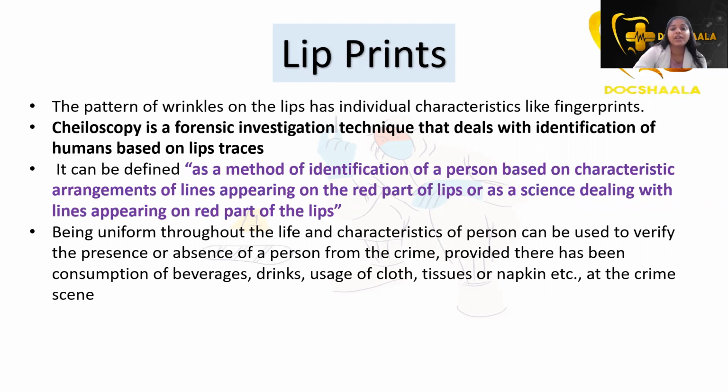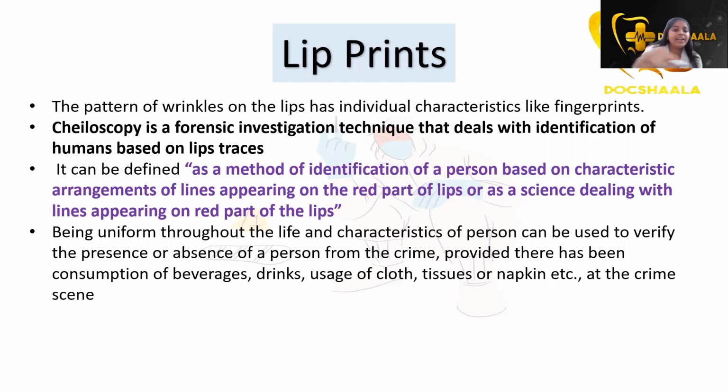It has the same individual characteristics as we see for our fingerprints. We commonly use fingerprints for forensic work. Lip prints also have the same property, in the sense that each individual has different patterns by which we can identify the individual easily.